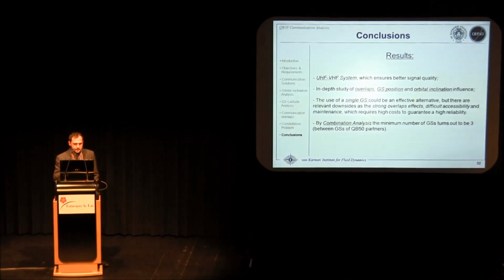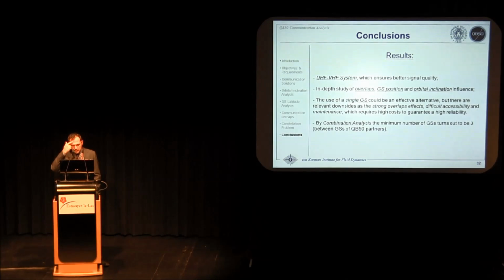So concluding this analysis, it was possible to select the system for our communication architecture, the UHF-VHF system. It was possible to study deeply the influence of the overlaps, ground station position and orbital inclination.